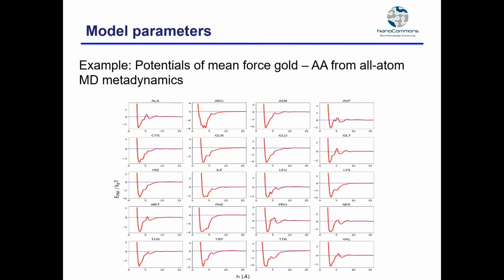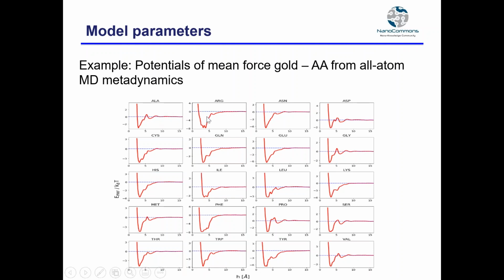Then the next thing, the Hamaker constants are used in the core potential. Now for the surface potential, this set of curves represents the interaction potentials of mean force obtained in all-atom molecular dynamics simulations with metadynamics.